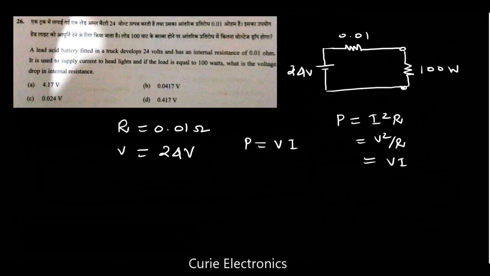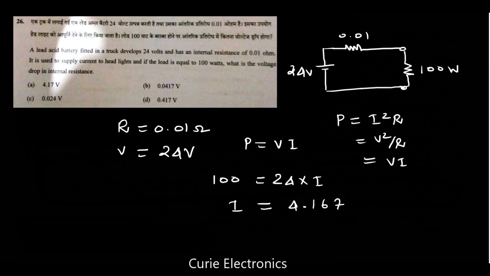When load is not there, what is the voltage? That is 24 volt. Power is given as 100 watt. And what is current I? I comes to 4.167.